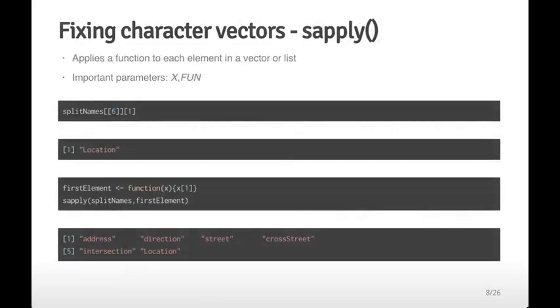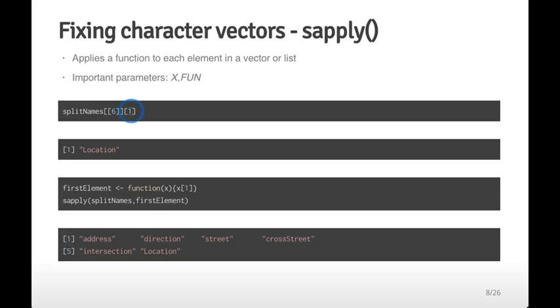So why is this useful? Well, we can use the sapply function to loop over all of the names of that data frame and remove everything after the trailing dot for every element of that character vector. Recall that split names was the list that we got from the strsplit function, and the sixth element of that list was a character vector that had location as the first element and 1 as the second element, with the dot removed.